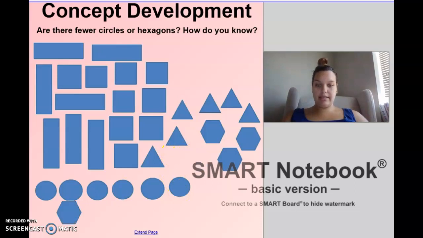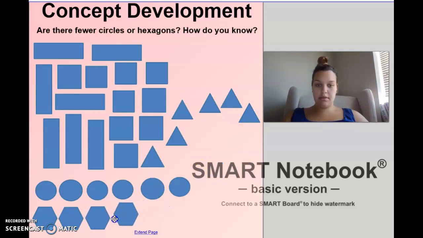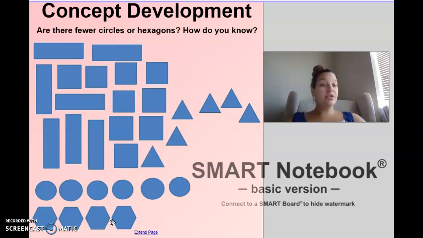I need the hexagons. Okay. Look and think. Do I have fewer circles or fewer hexagons?